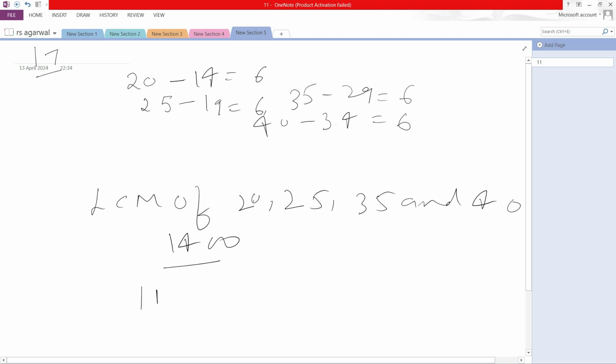So 1400 minus 6 is equal to 1394, which is the answer for this question. So if we divide 1394 by 20, we get the remainder 14. In the same way for 25, 35 and 40 we get the remainder 19, 29, 34 respectively here.